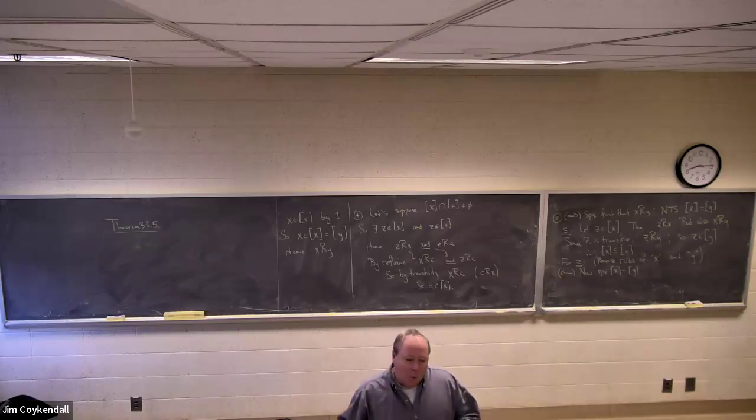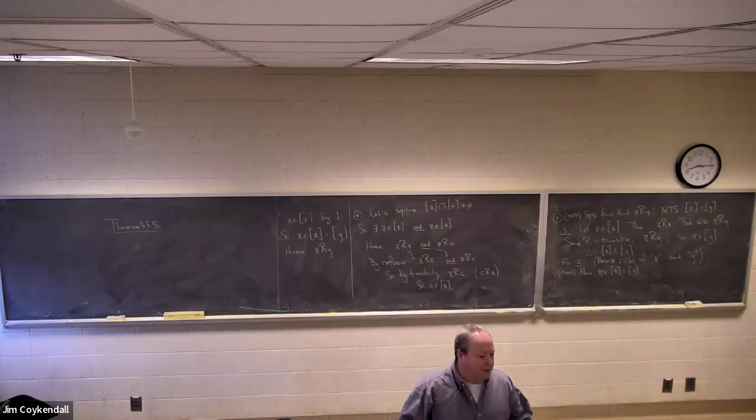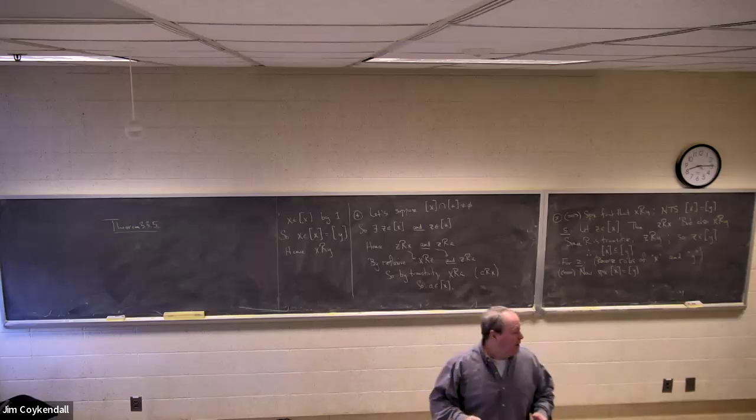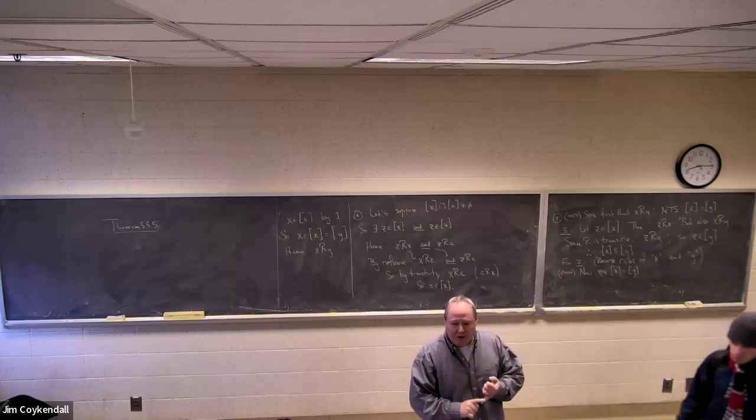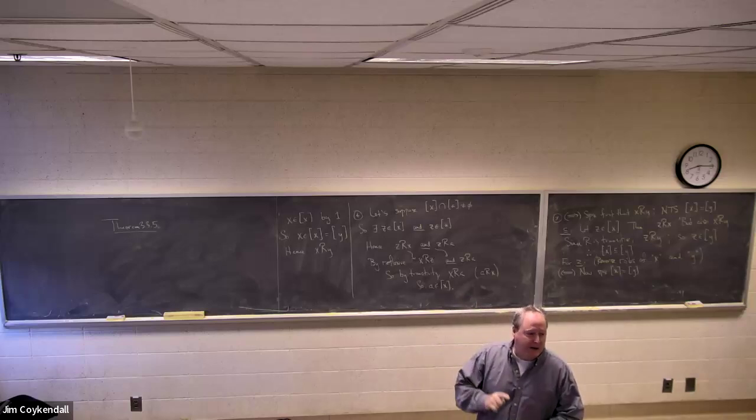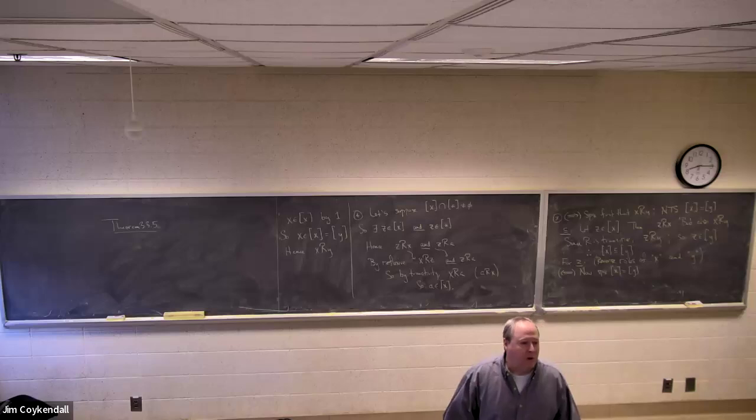If I give you an equivalence relation, then it gives a partition of the set. And not only does it work that way, but if I give you a partition of the set, it gives you an equivalence relation.